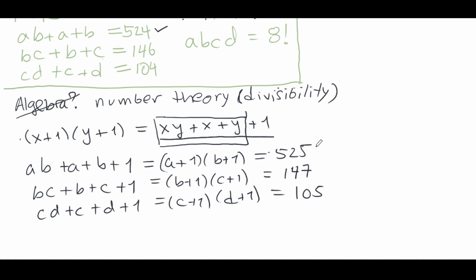So since this is about divisibility, let's factor these things. We have a hint that this is about number theory in a sense. So what do you do when something is about number theory? Well, you factor. So 525, the factoring of this is 3 times 5 squared times 7.